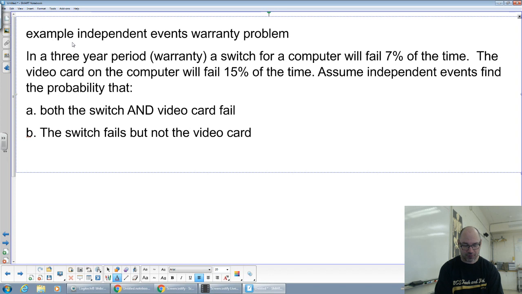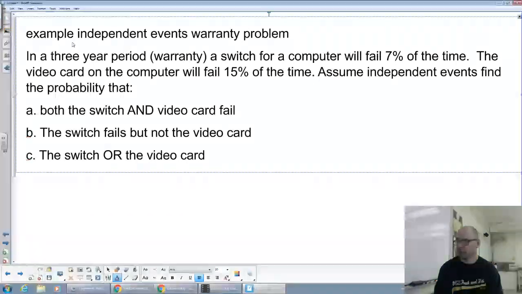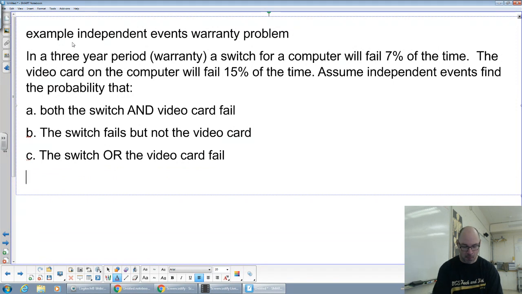Okay. And the last one, let's throw an or in there. The switch fails or video card fails. Let's throw one more in. What the heck? Nothing fails. Neither fails. That would be possible.